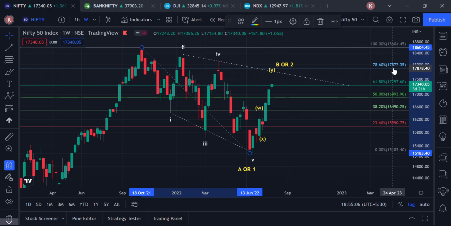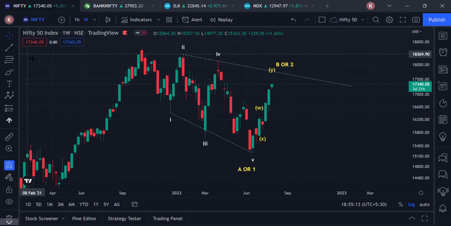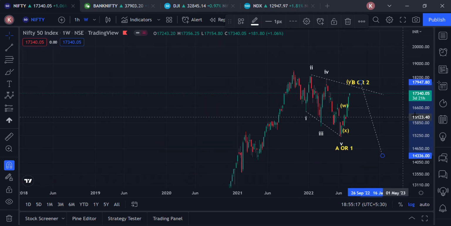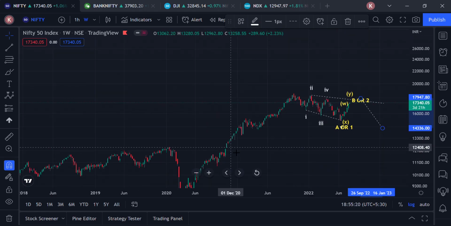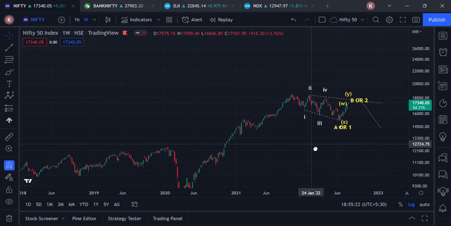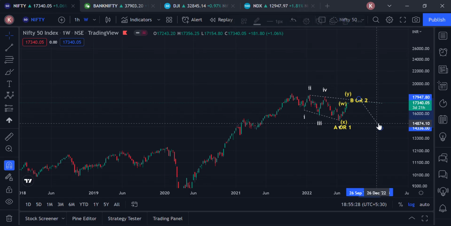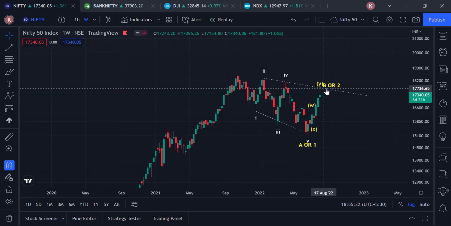So we can say 17,800 to 900 will be acting as a good supply zone, and from there we can see a good downfall, which could lead us to the previous breakout zone, maybe lower. The target for wave 3 or wave C, we can only calculate once this pullback is over.